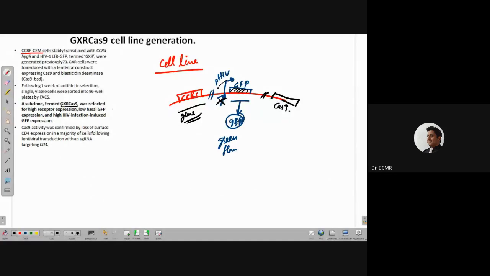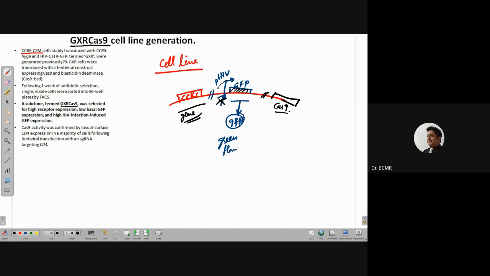Cas9, if you remember from the CRISPR that we learned in previous classes, is a nuclease. It induces double-strand breaks if it is activated by the CRISPR RNA and tracrRNA, or single guide RNA. Here we only have Cas9. We don't have any CRISPR guide in the cell yet.